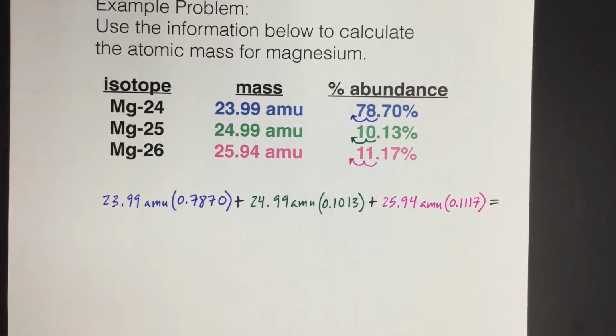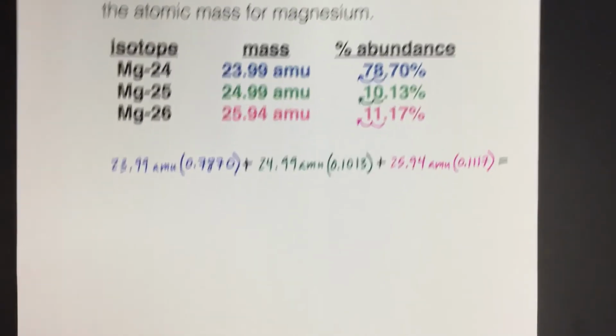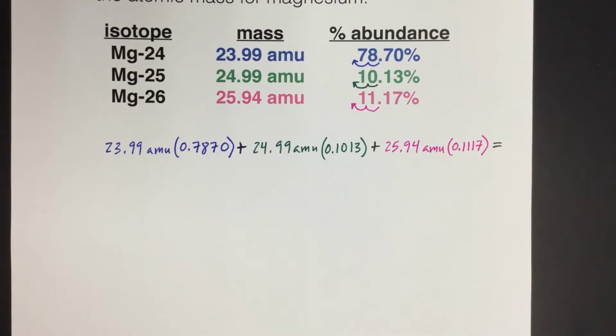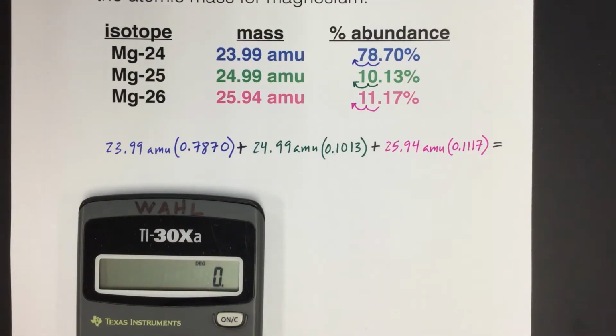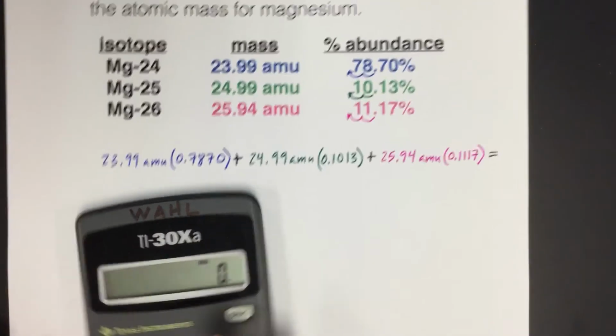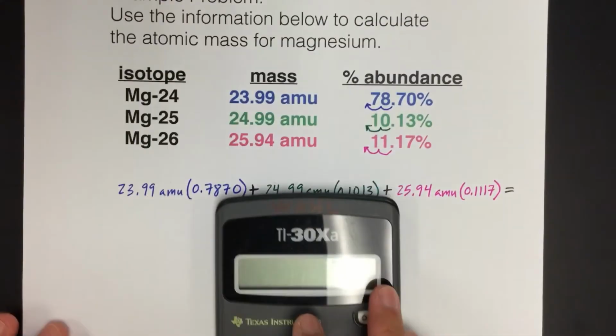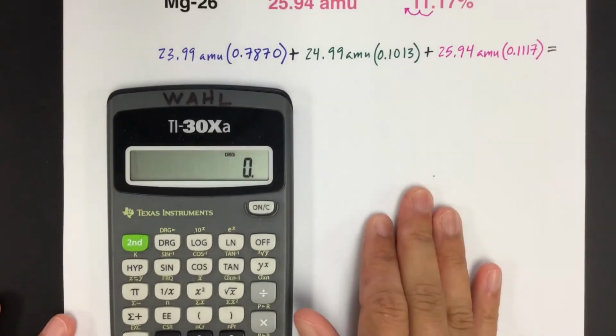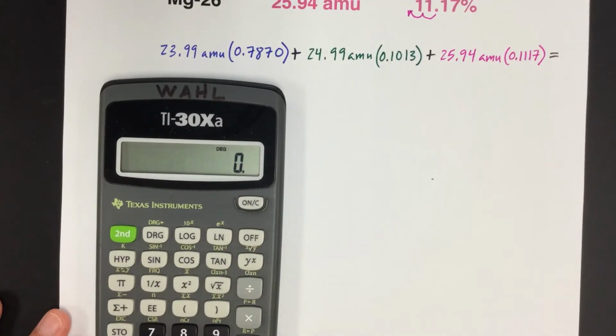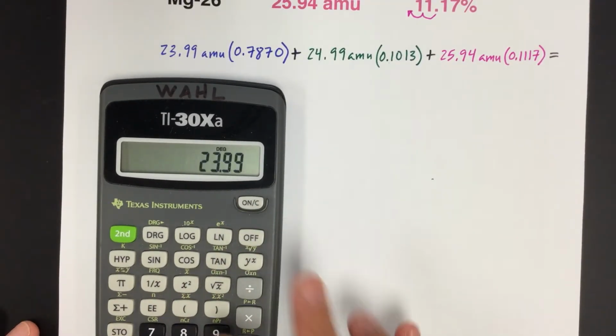So we're going to type this into the calculator. The way it's written, your calculator knows its order of operations. So you can type this in exactly as you see it, but you actually don't even need to use the parentheses. So why don't I try to show you how I'm typing this here. We're going to do the 23.99, and we multiply that by the abundance.